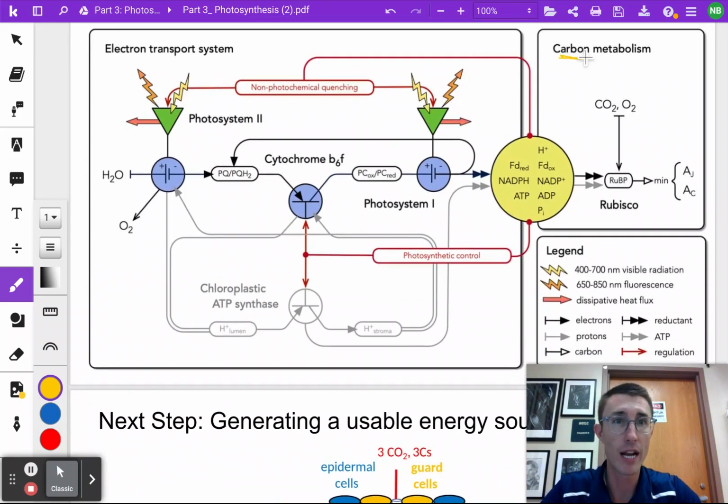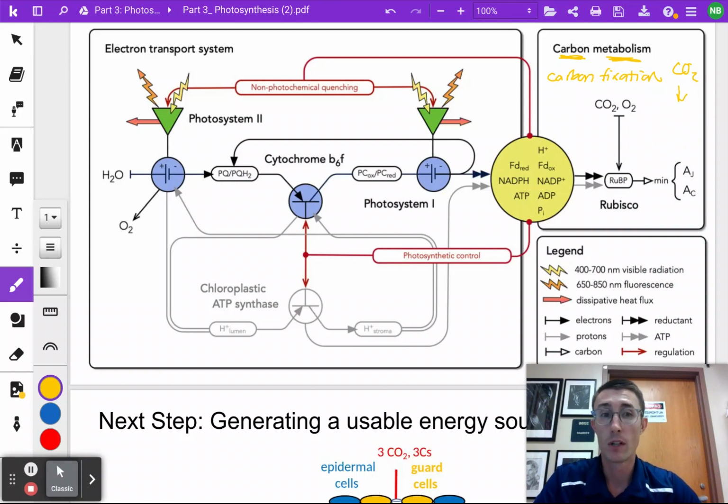Ultimately this can happen because we're seeing carbon metabolism, carbon fixation, where we take a CO2 molecule and create a usable carbon source to fuel an organism, a plant in this case, which will ultimately fuel ecosystems.